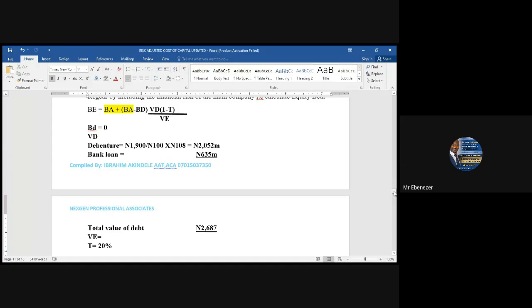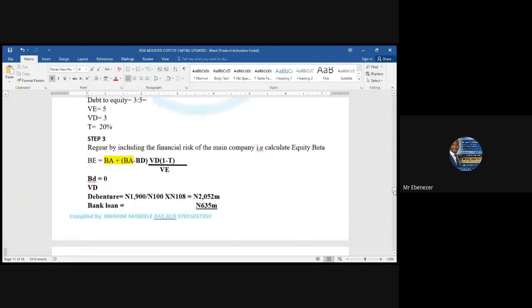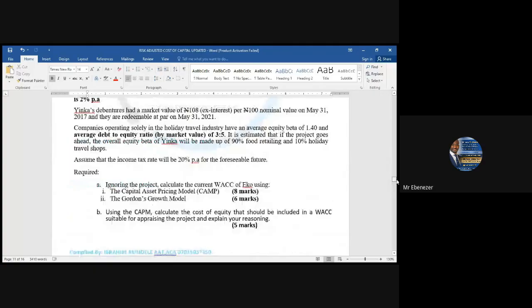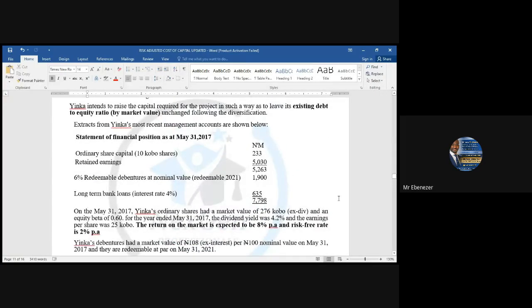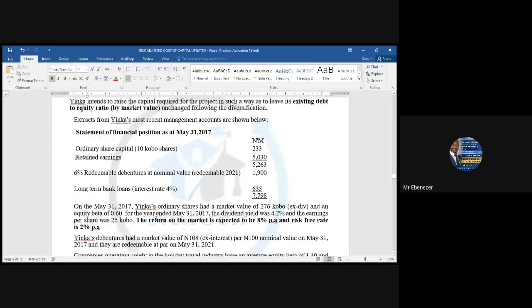What is the value of equity? The ordinary shares at market value, that is the SDIV. That is what we need. We've done that before. You can check cost of capital part 2.